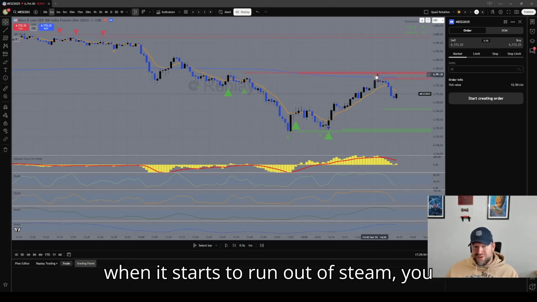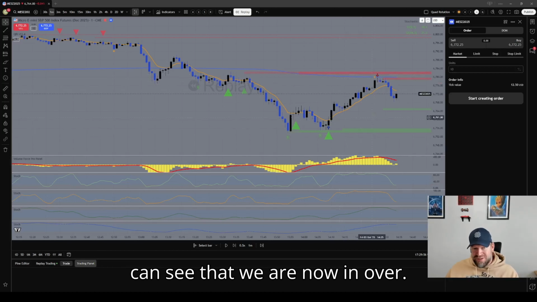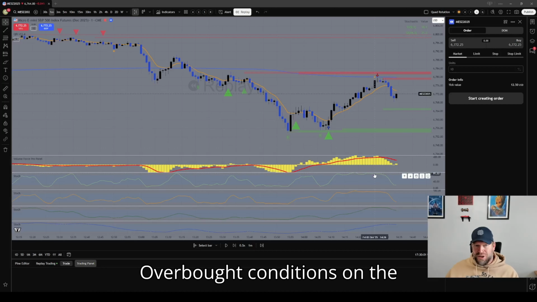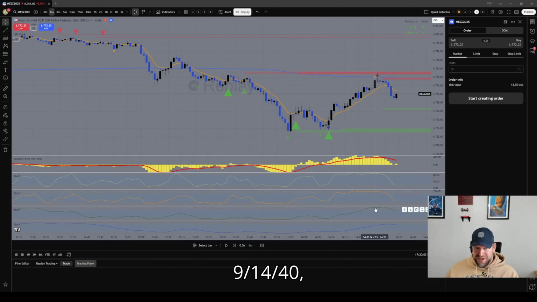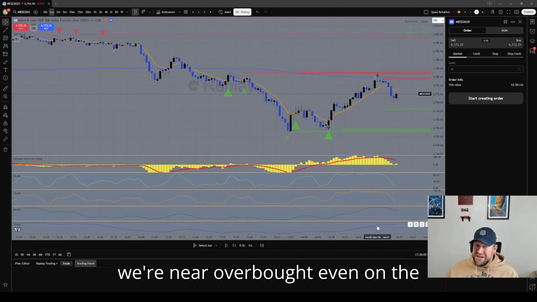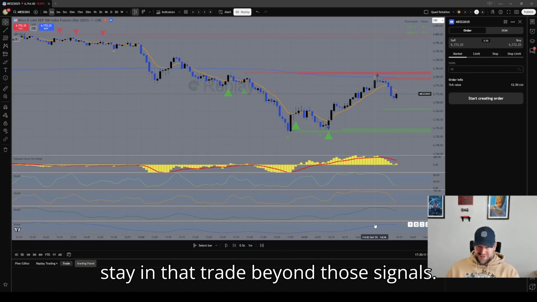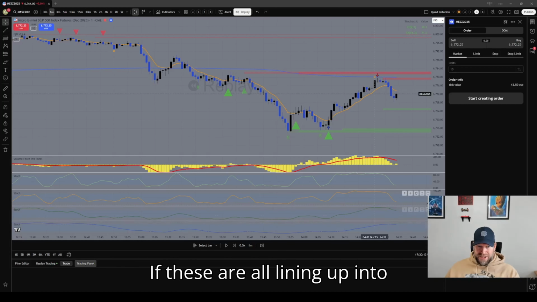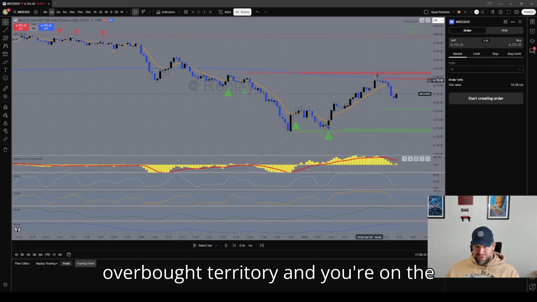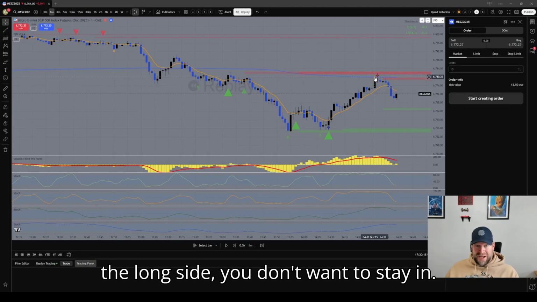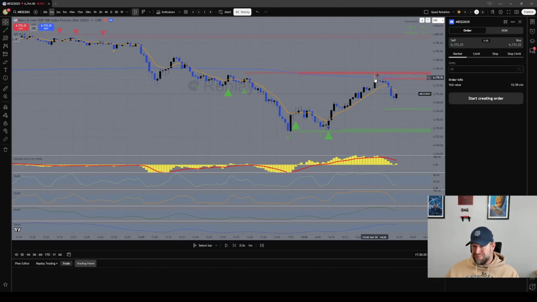And when it starts to run out of steam, you can see that we are now in overbought conditions on the 9, 14, 40. We're near overbought even on the 60 stochastics. No reason to stay in that trade beyond those signals. If these are all lining up into overbought territory and you're on the long side, you don't want to stay in.